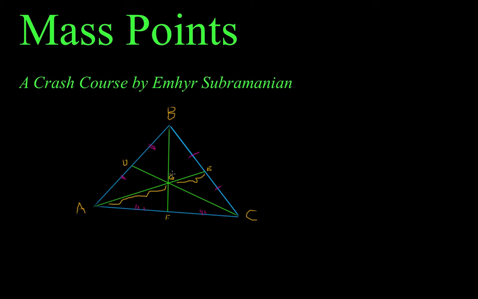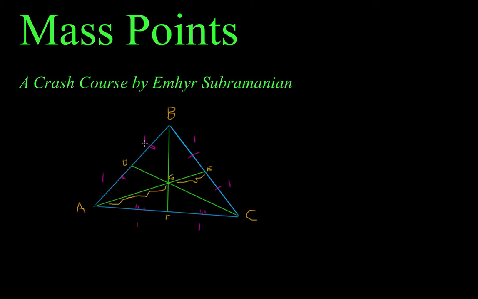Okay, so what we can do is, we know that this is a 1-to-1 ratio because we know that these are congruent. This is also a 1-to-1 ratio, and this is a 1-to-1 ratio.